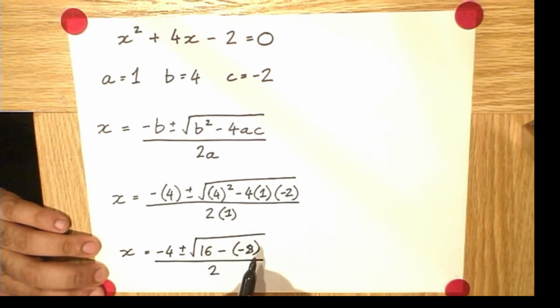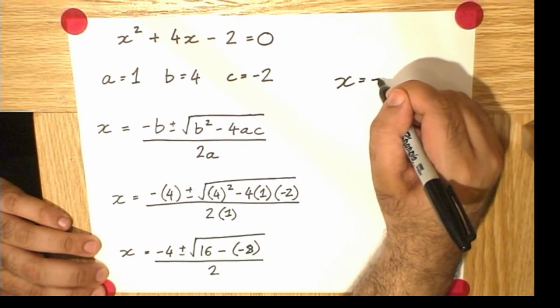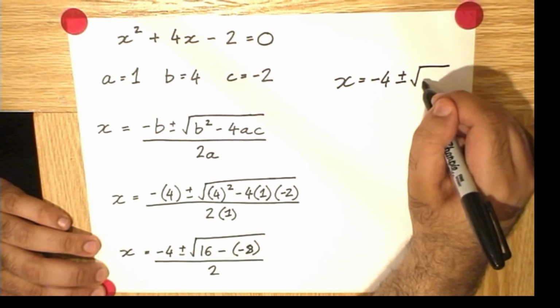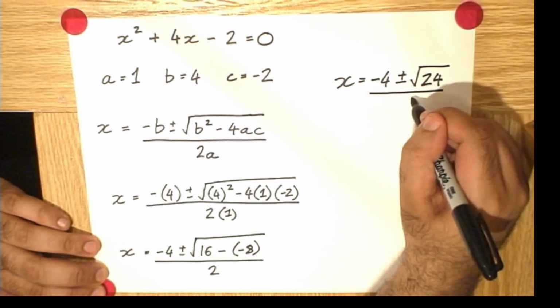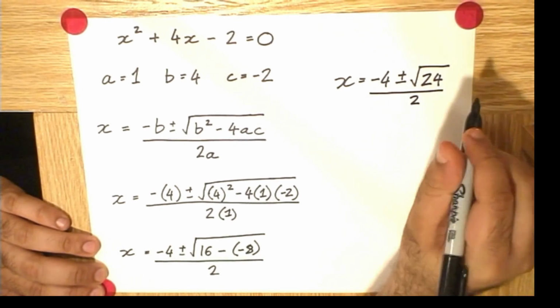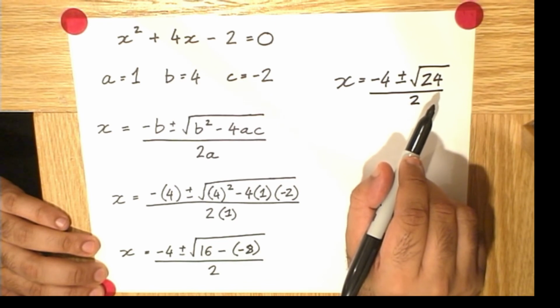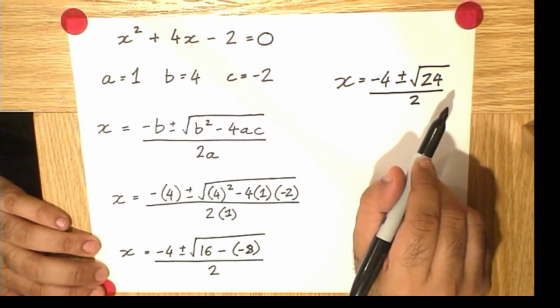Simplifying the term under the radical, we get x equals -4 plus or minus the square root of 24, all divided by 2. But 24 is not a perfect square. Don't you just hate it when that happens? Nevertheless, we can still solve this, or at least approximate it.